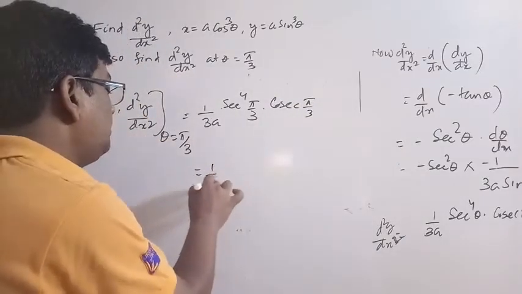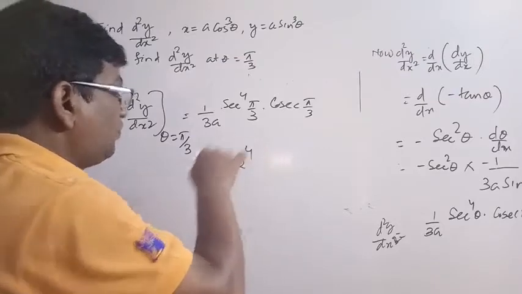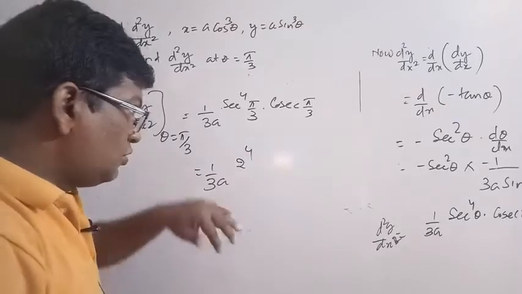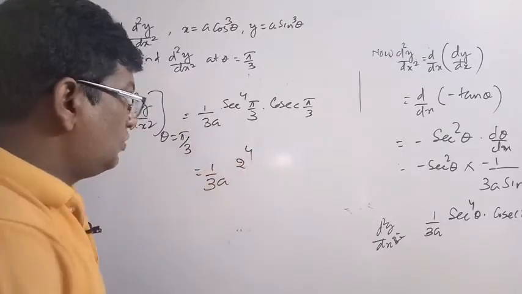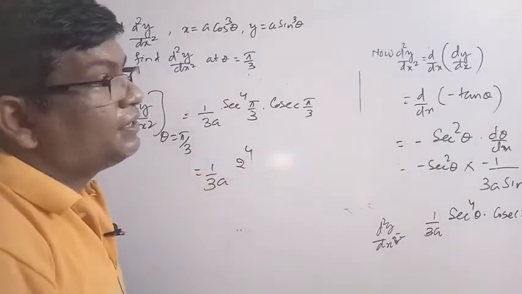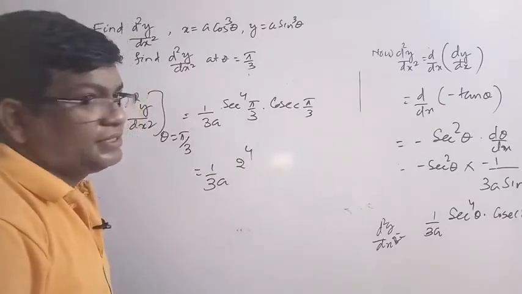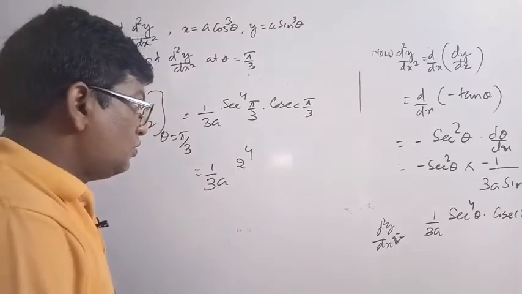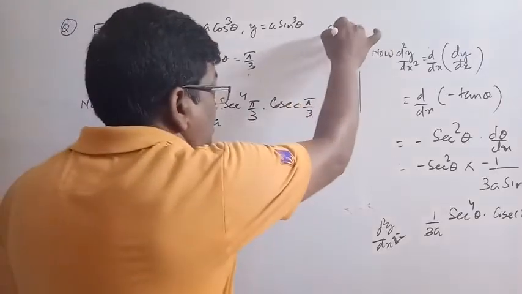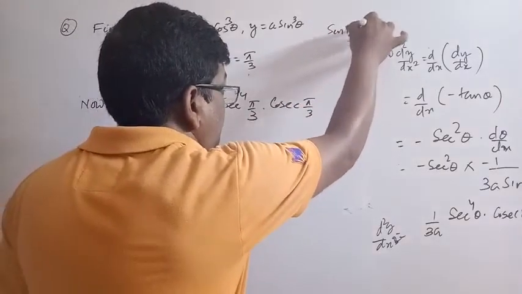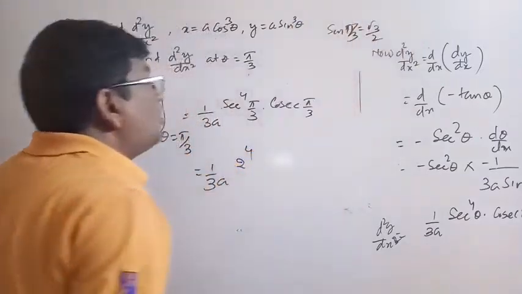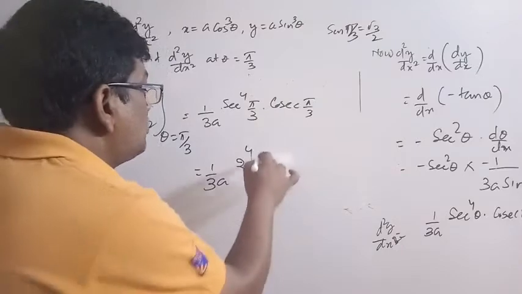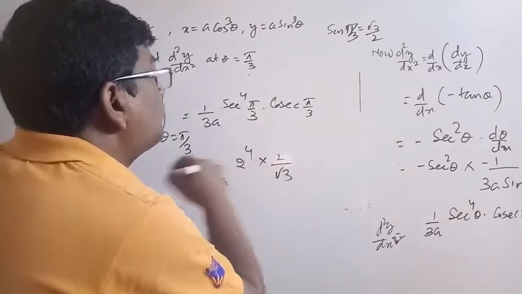So 1 by 3a into 2 to the power 4, because cos pi by 3 means cos is equal to 1 by 2, so sec is equal to 2. And cosec pi by 3: sin pi by 3 means sin 60 is equal to root 3 by 2. So cosec 60 means 2 by root 3.